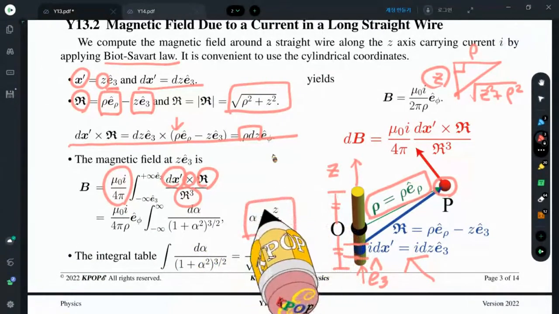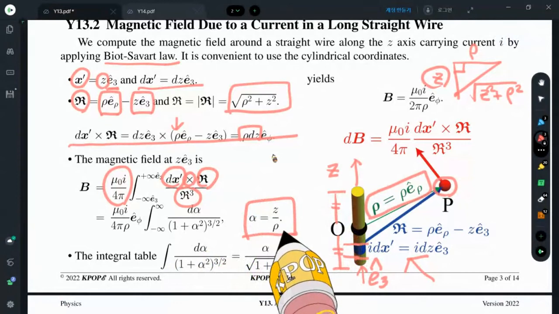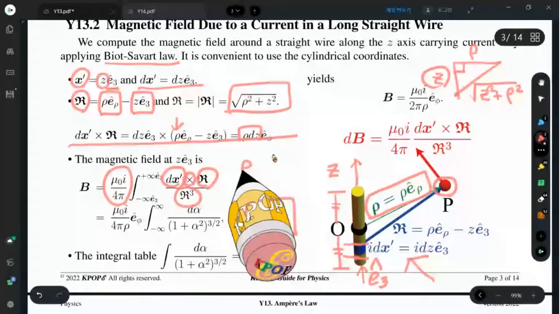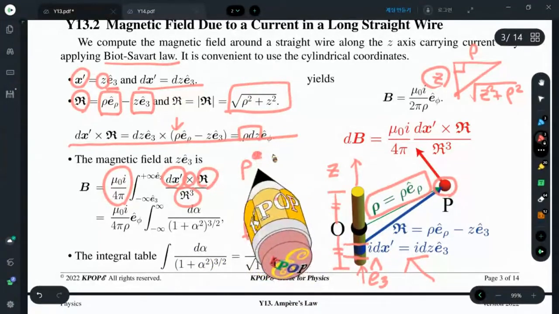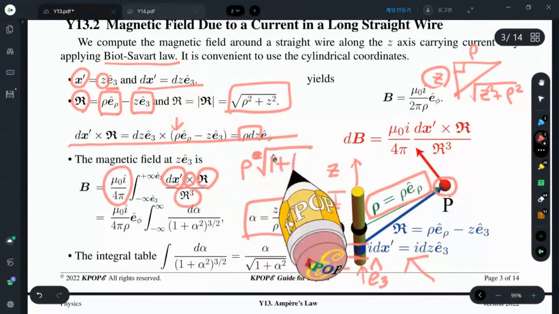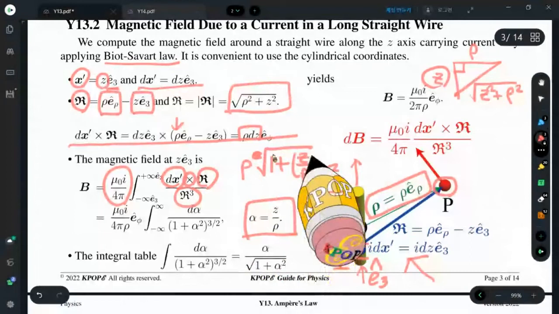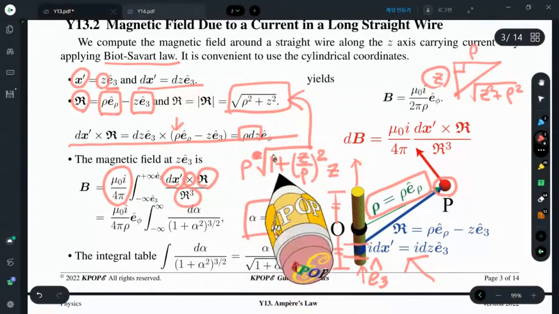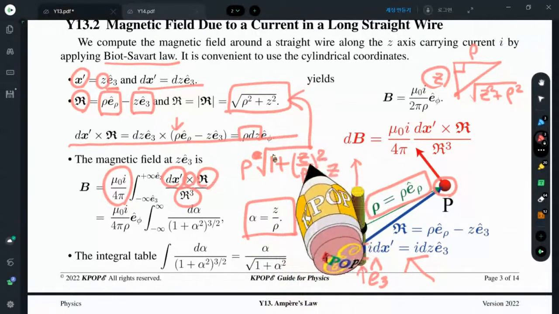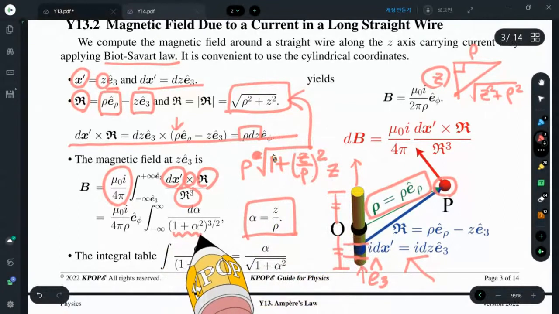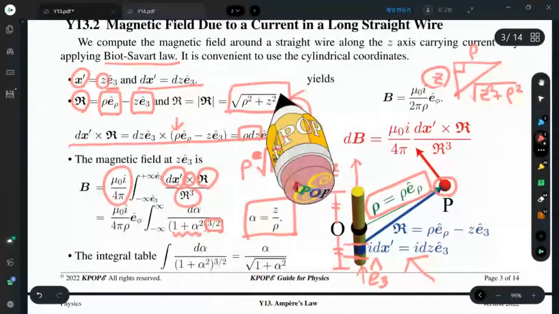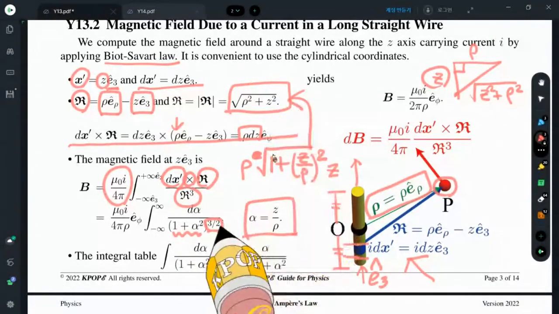It's a scaleless variable, z over rho. So, for example, we pull out rho and the square root of 1 plus (z over rho) squared. Then it is 1 plus alpha squared, 1 plus alpha squared, and we have the cube, the square root to the power 1/2 and cube.